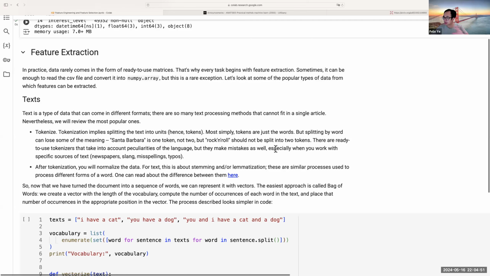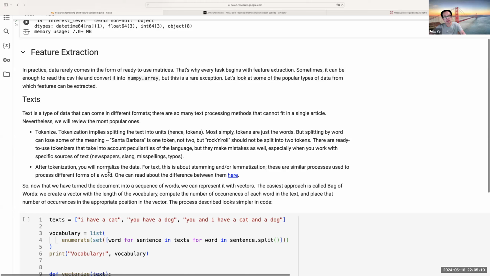So there are certain rules we can follow. There are built-in packages that help us split sentences into tokens, so there are ready-to-use tokenization methods that take into account these peculiarities of the language.